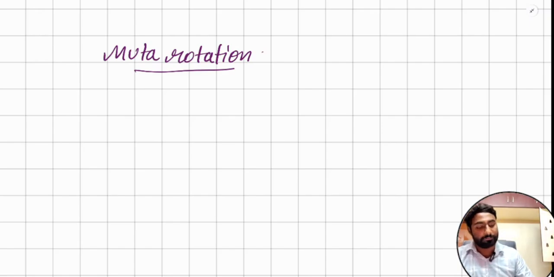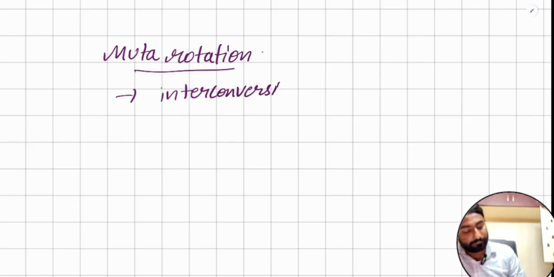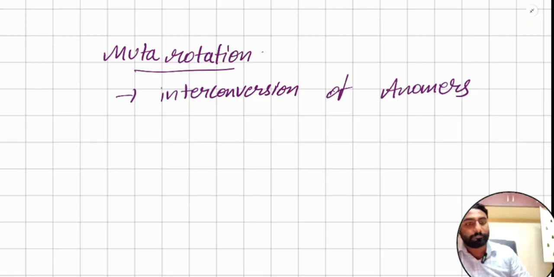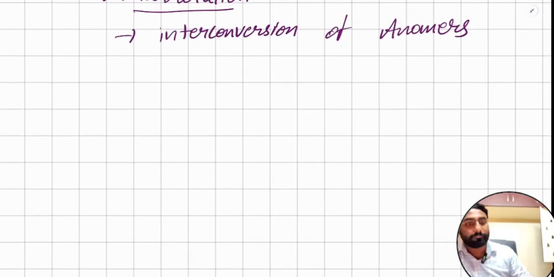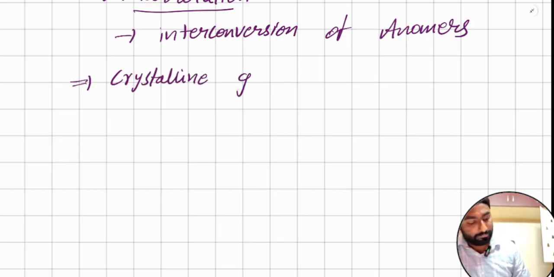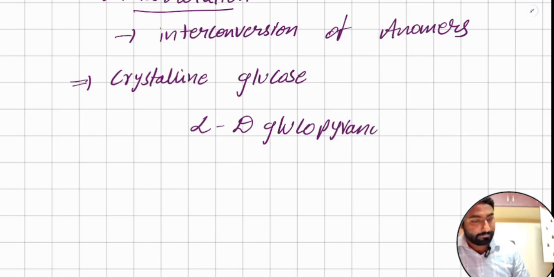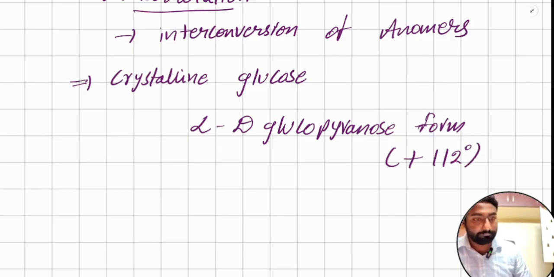Mutarotation means interconversion of anomers. See how they are interconverting? We are going to see it now. Usually crystalline glucose is in the alpha-D-glucopyranose form with optical activity of plus 112 degrees.